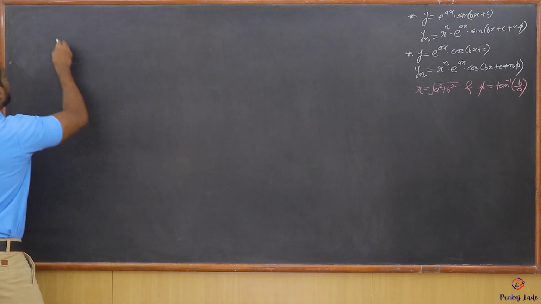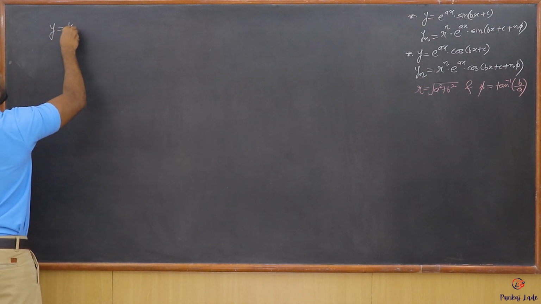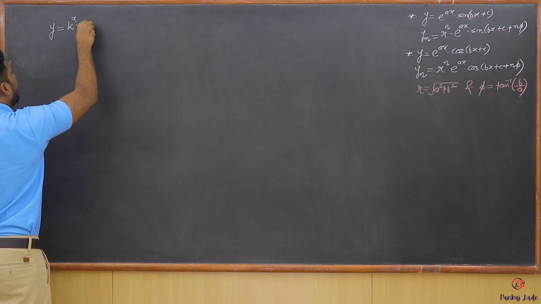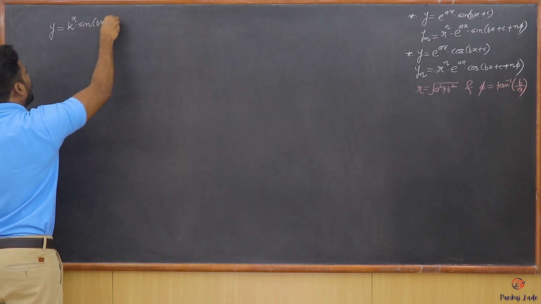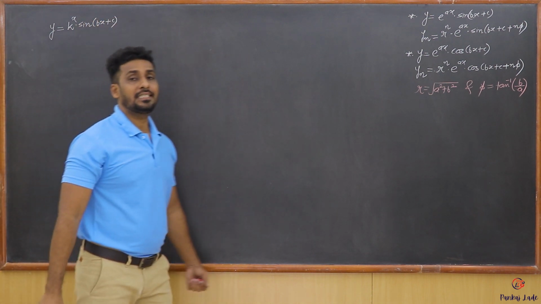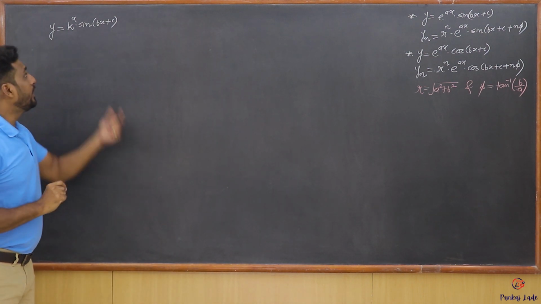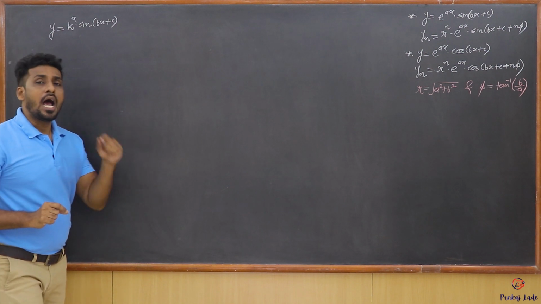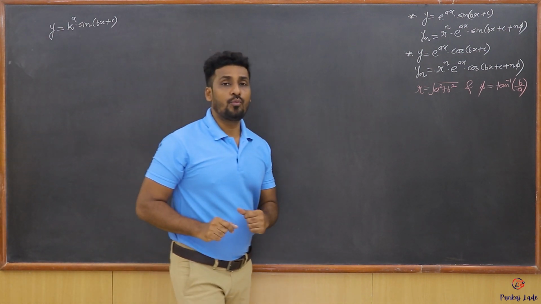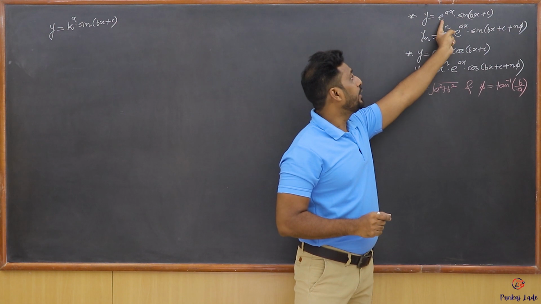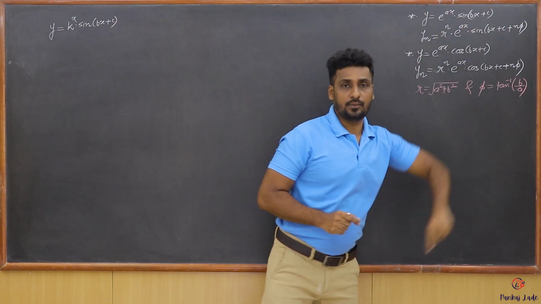So the first one is y is equal to k raised to x into sin bx plus c. Now observe carefully how I'm going to proceed with this particular standard function. I'm going to transform this standard formula into y is equal to e raised to ax into sin bx plus c.